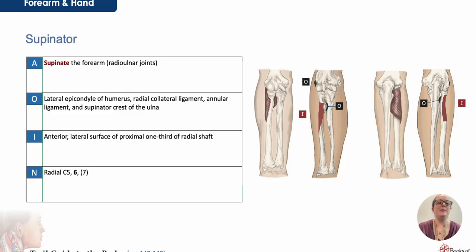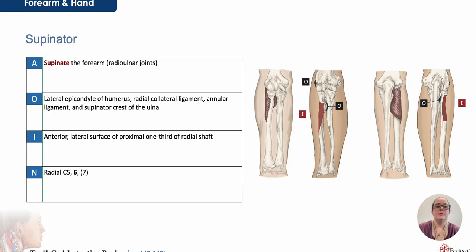So you have your supinator. Please don't get this wrong on a quiz question when I ask, what's the action of a supinator? Because if you say flexion of the elbow, you need to just go home permanently. All right. So the supinator, because it does that movement of supination, is going to cross over on the body.